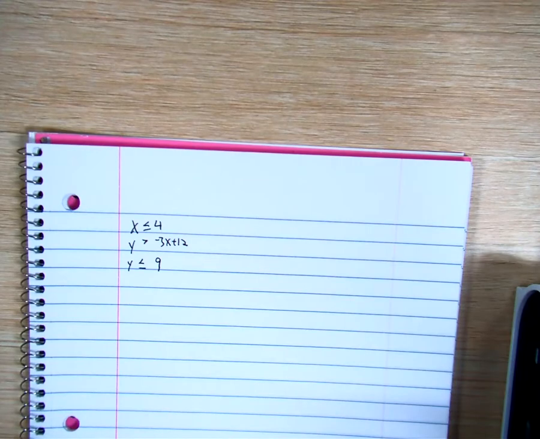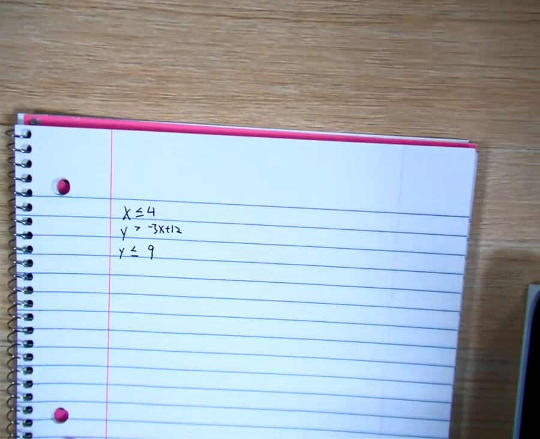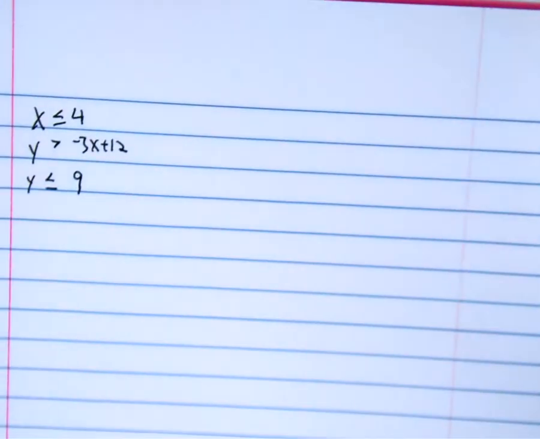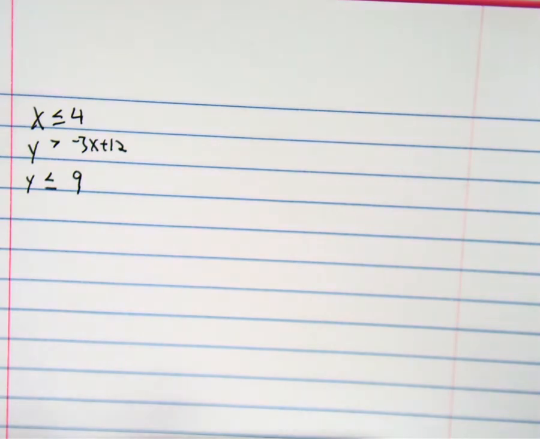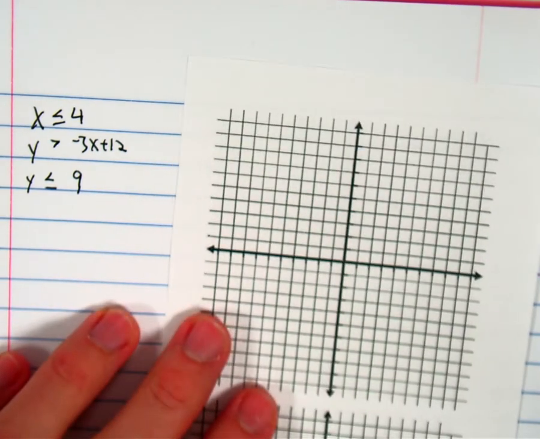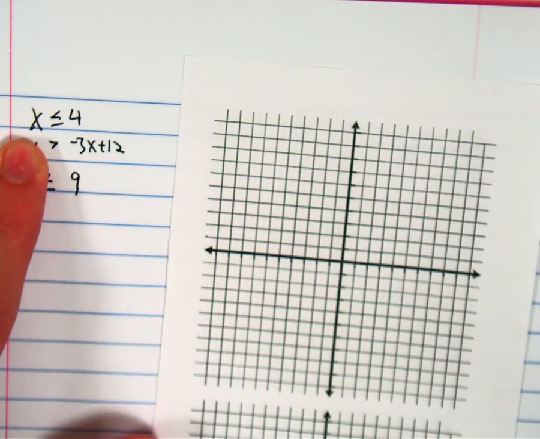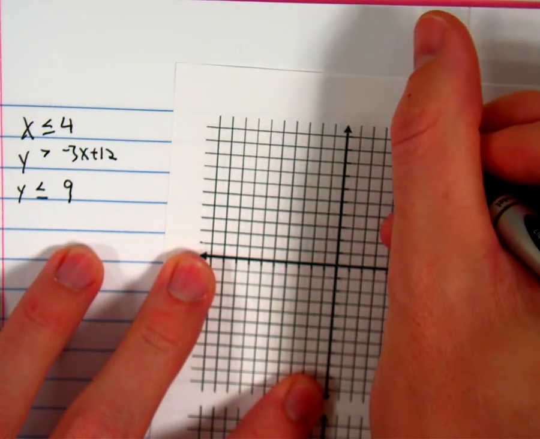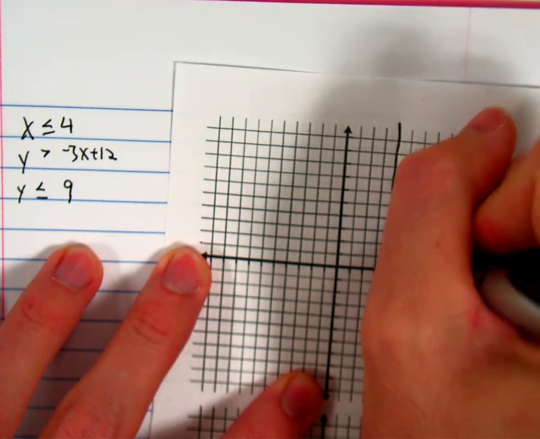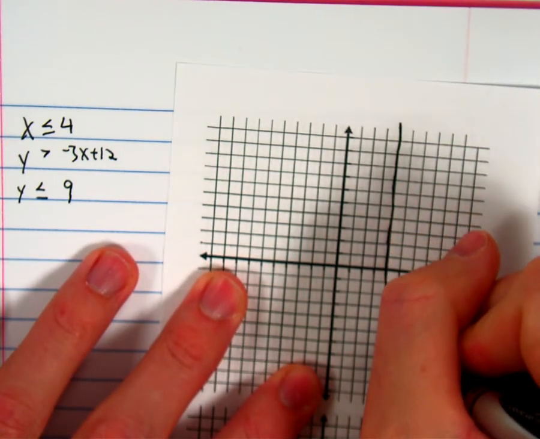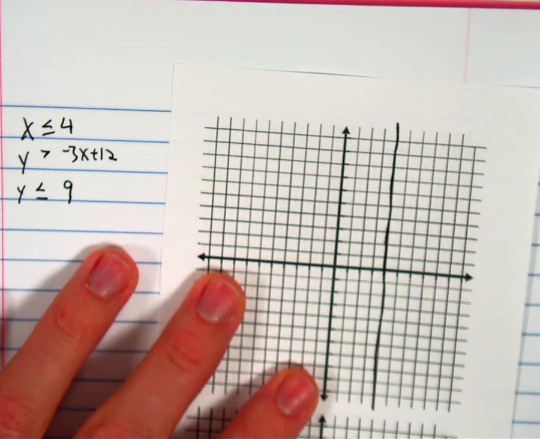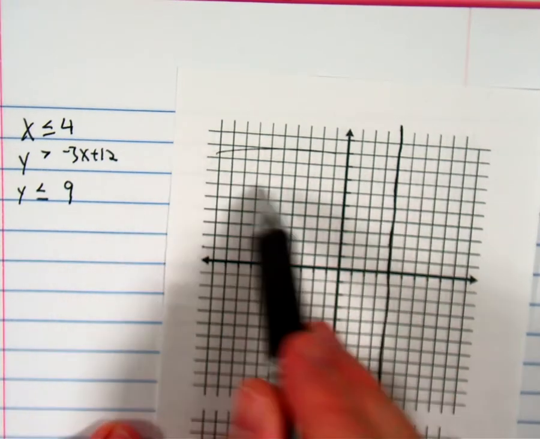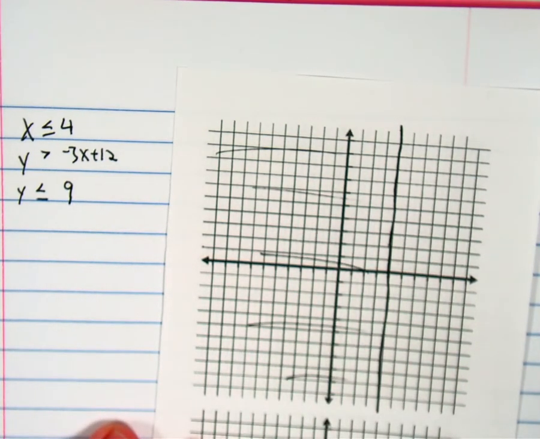Okay, so it's a pretty easy one, because we have two straight lines, like two lines that are vertical or horizontal. Okay, so x less than or equal to 4. 1, 2, 3, 4. Solid line. We're coming straight down. Less than, going to be to the left. Okay, real light over there.